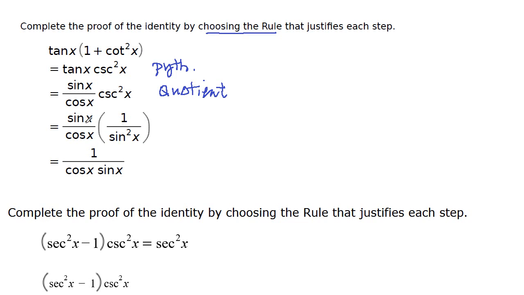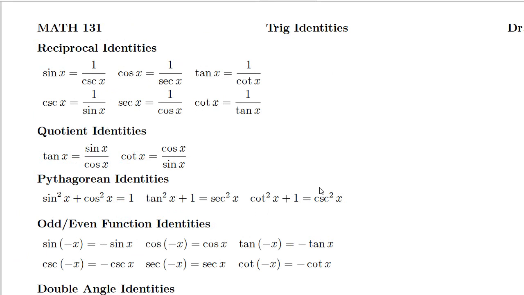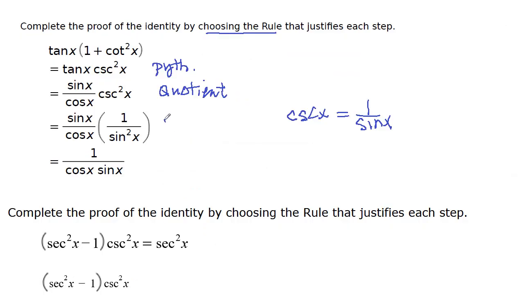The other part stayed the same. So what they're using there is that cosecant x is 1 over sine x. Go to our identities. Cosecant's 1 over sine. That's a reciprocal identity. So this will be reciprocal.